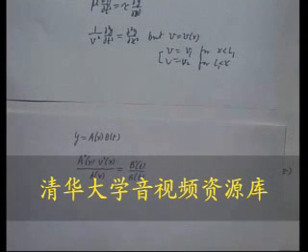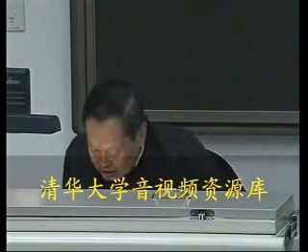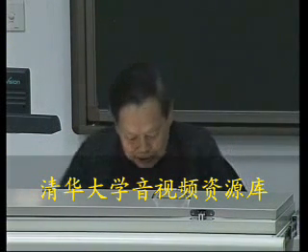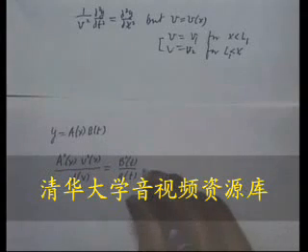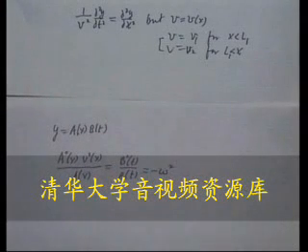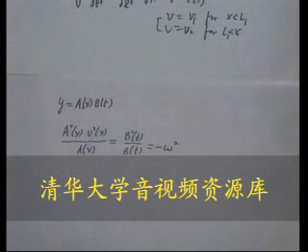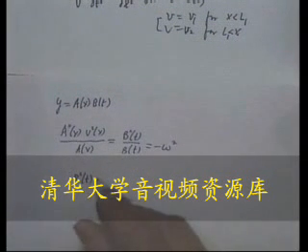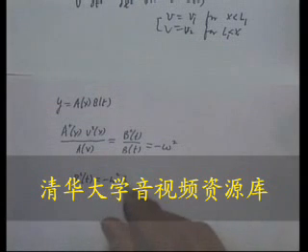Again, the left side does not depend on t, so the whole thing doesn't depend on t. The right side does not depend on x, so the whole thing doesn't depend on x. So the whole thing doesn't depend on either x or t, so it is equal to a constant. So it is equal to minus omega squared. Omega is a fixed number. You know that omega is not a function of x. So we have B double dot equal to minus omega squared B of t.